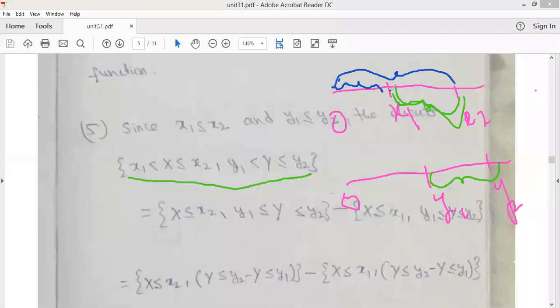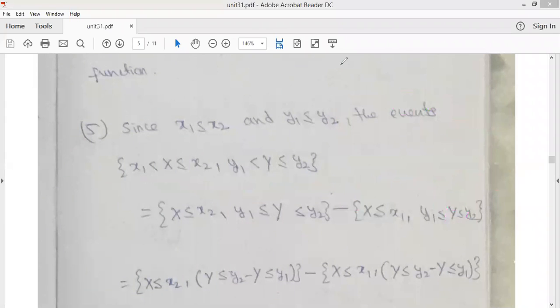X2 minus x1 will give us the range from x1 to x2. Yes or no? So that is why we are writing it as x less than or equal to x2, y1 less than or equal to y less than or equal to y2, minus x less than or equal to x1, y1 less than or equal to y less than or equal to y2.